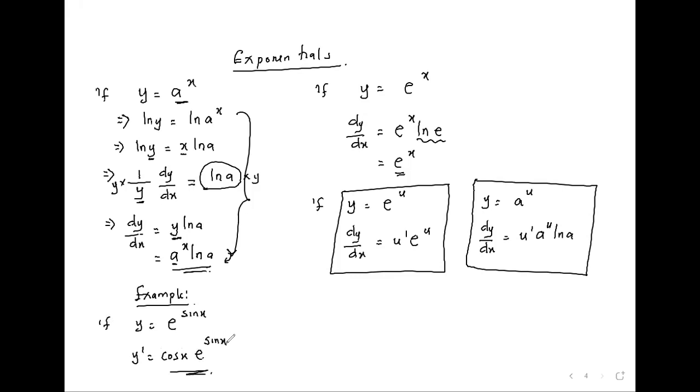But if you had y is equal to 2 to the power sin x, this is the difference, the derivative was going to be, you differentiate sine, you get cos, and then you multiply by 2 to the sin x, and then also multiply by ln 2, if the base is not e.